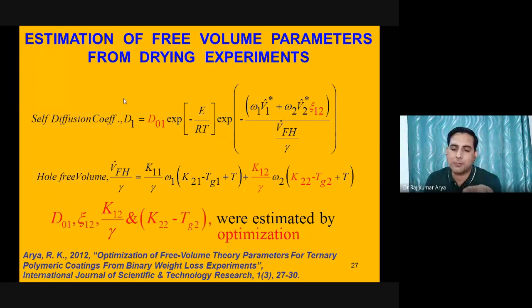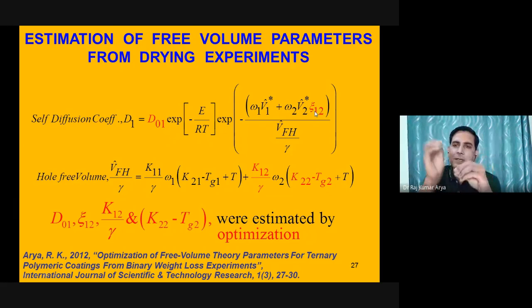These are calculated from Vrentas and Duda's free volume theory, which calculates a pre-exponential factor, activation energy, your gas constant, your absolute temperature, your weight fraction of the solvent, and the specific volume of the solvent, and a jumping coefficient, that is, how molecules jump when we have a solution with several molecules.